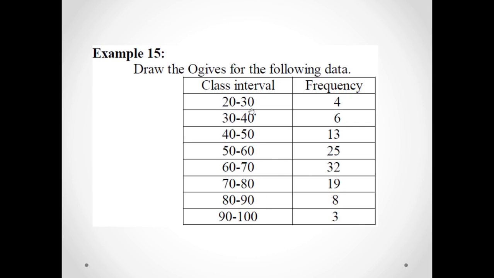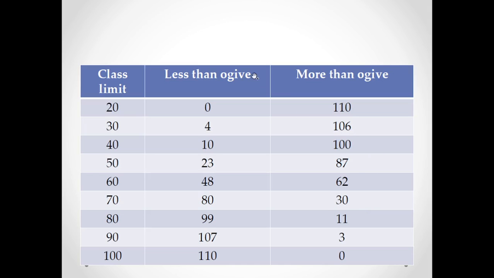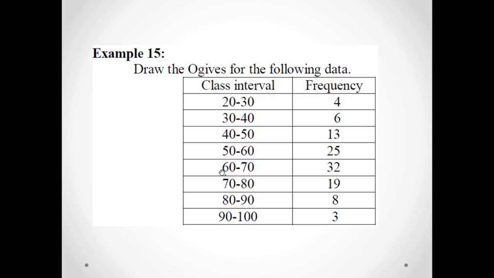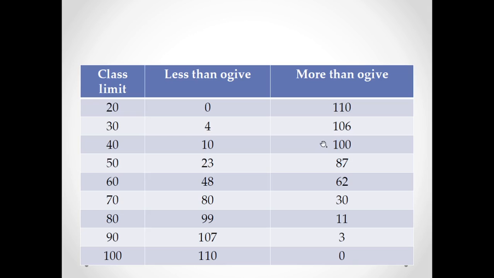This is the example: class interval, frequency. We must find less than cumulative frequencies and greater than cumulative frequencies. The frequencies are added from 4, 4 plus 6 is 10, 10 plus 13 is 23, like that.